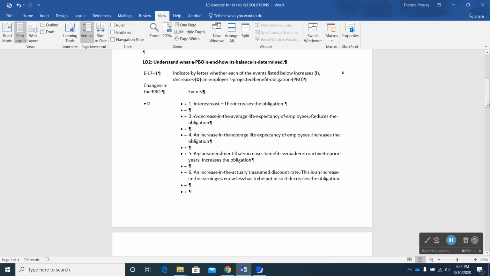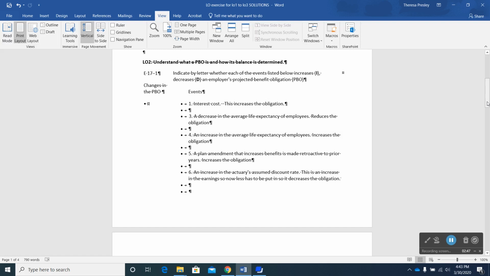This is when we have a PBO, because it is a defined benefit plan, not a defined contribution plan. So the accounting for a defined benefit plan will have a PBO in it.